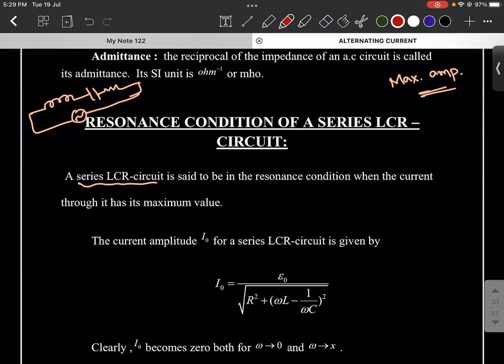A series LCR circuit is said to be in the resonance condition when the current through it has its maximum value.